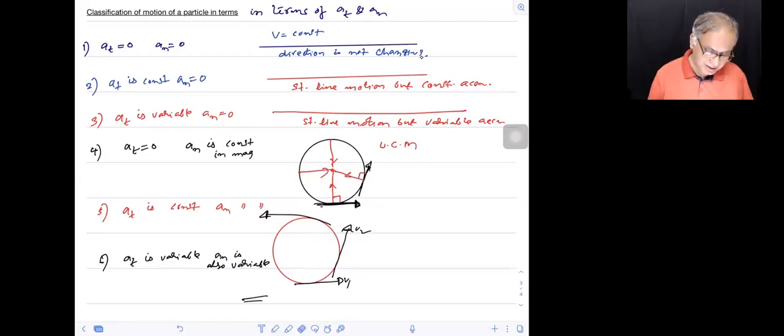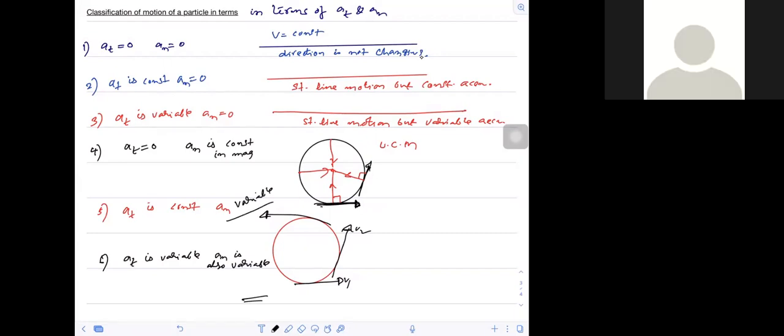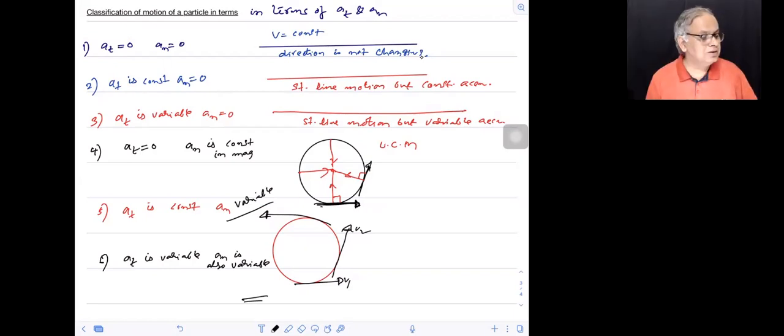AN is also variable. Why, do you know? That's right. If AT is there, V changes, and V square by R keeps changing. Good. Thank you. If you're sleeping, you won't even catch the mistake we make.